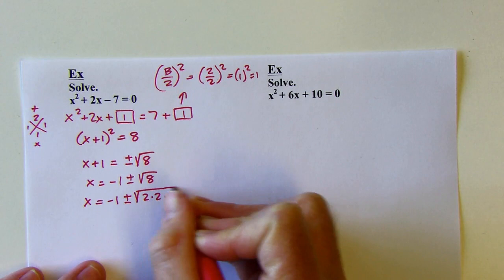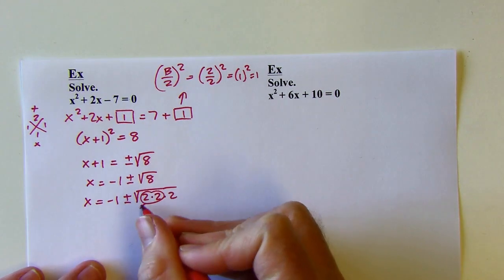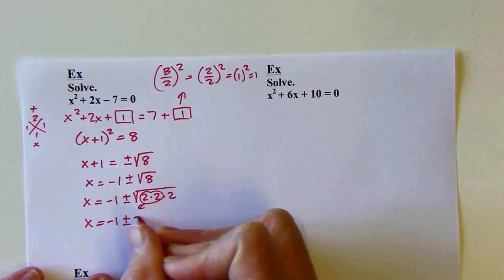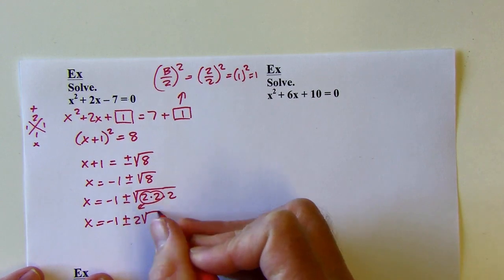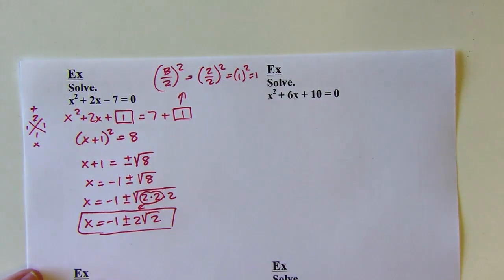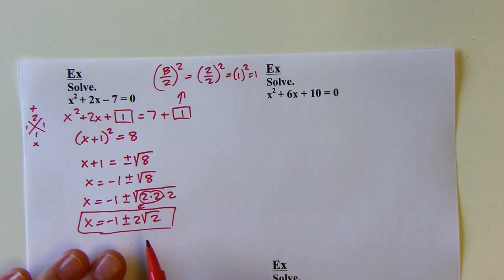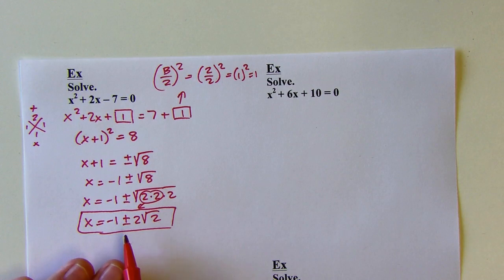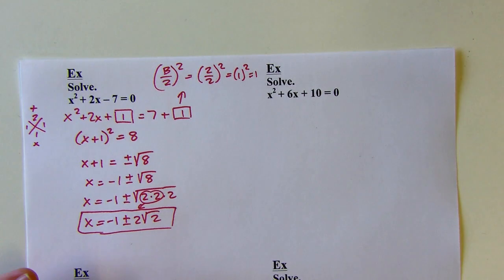Then it's broken down all the way. Now I can see I got twins, so one of those will get out. And then I get the leftover 2 in there. There is my solution. Sometimes you might see it written out as 2 separate solutions, negative 1 plus 2 root 2 and negative 1 minus 2 root 2. I like to just write them like that all at once, but either way is fine.